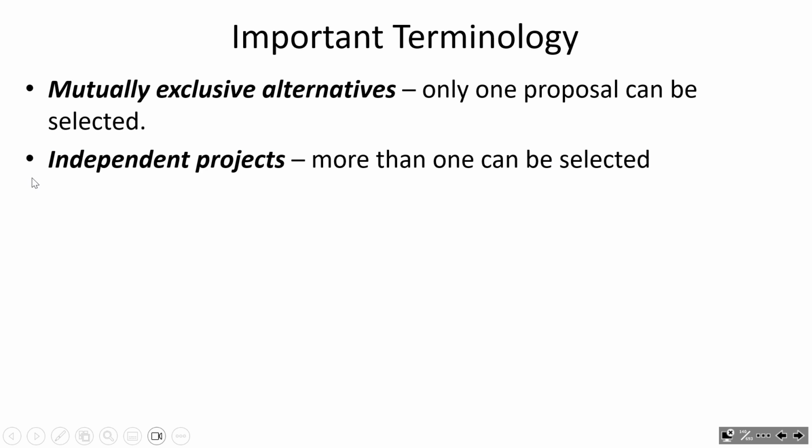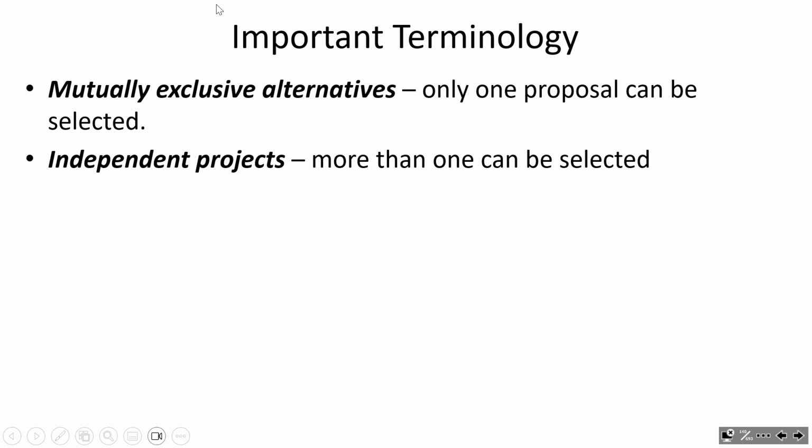Sometimes, though, we may have independent projects. In cases like that, what it means is you can select more than one option. So if you have, for example, $10,000 that you're investing, you don't have to put all $10,000 into a savings deposit box or into a checking account or buying stock. You could split it up and do different things with different amounts.